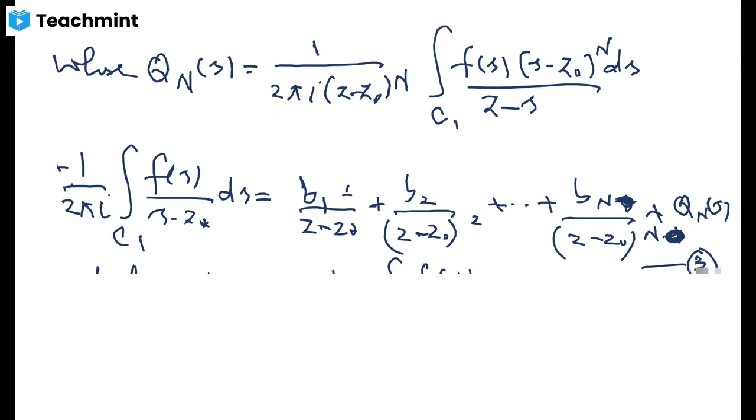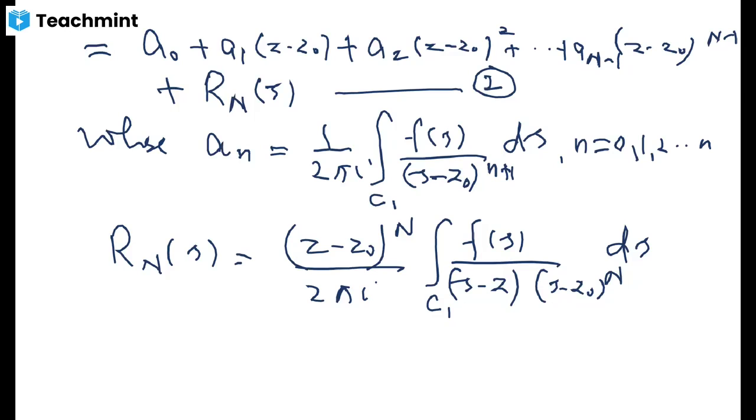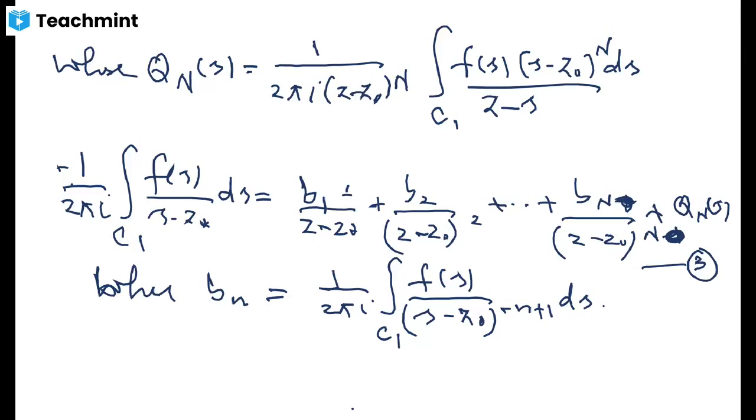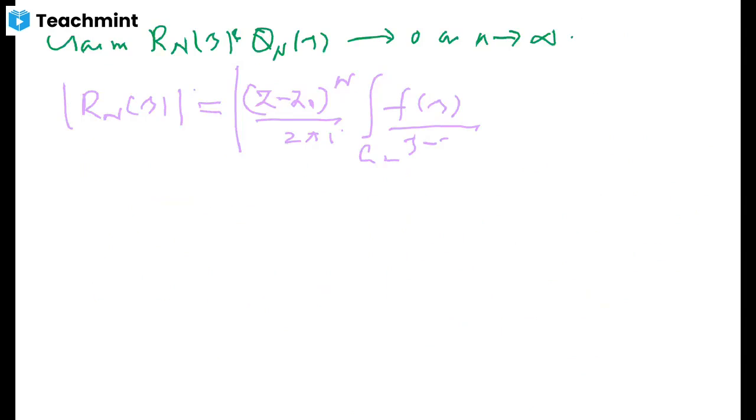Yeah, this is the expression: 2 pi i, zeta minus z into zeta minus z naught to power n, d zeta.